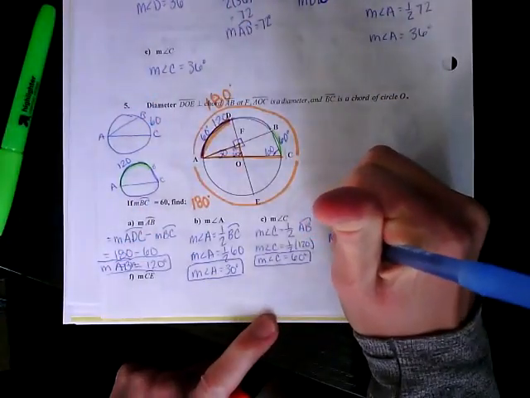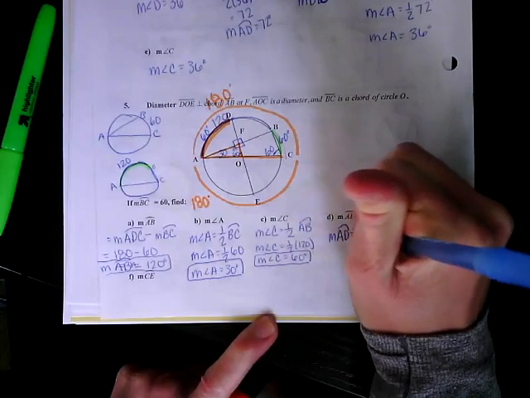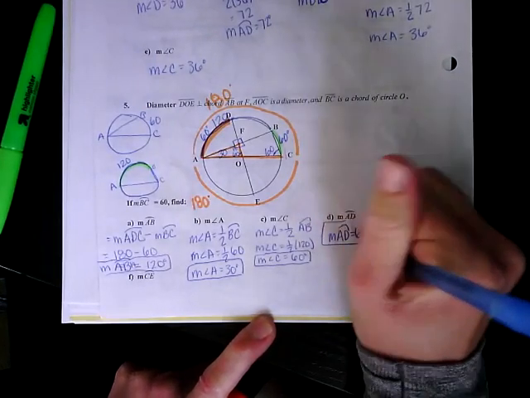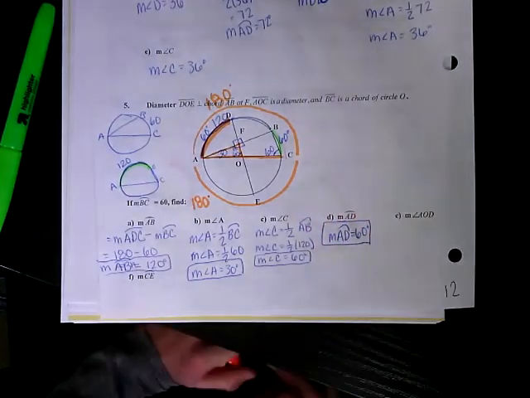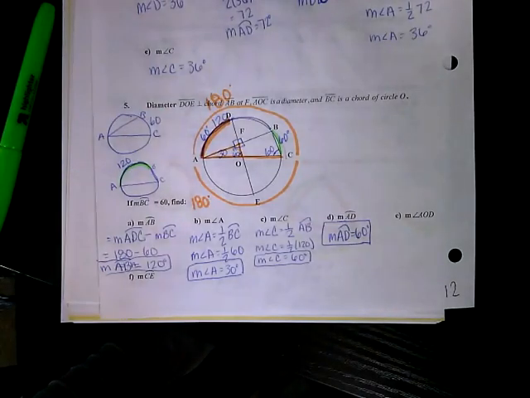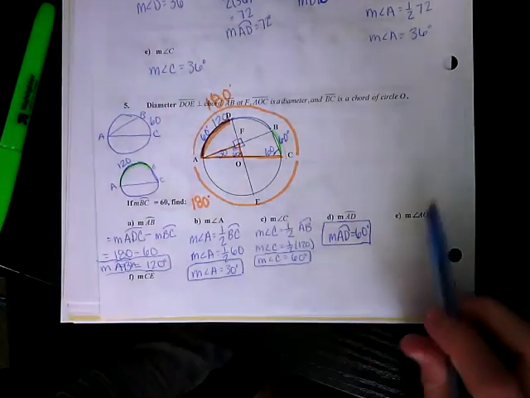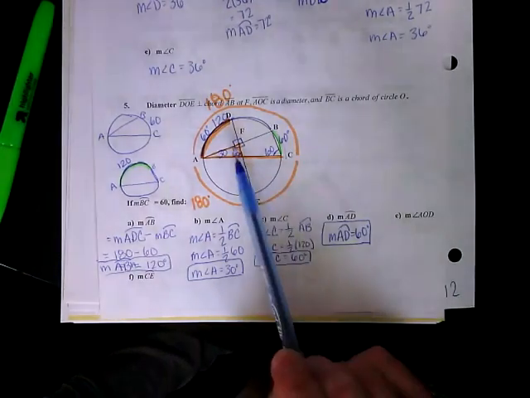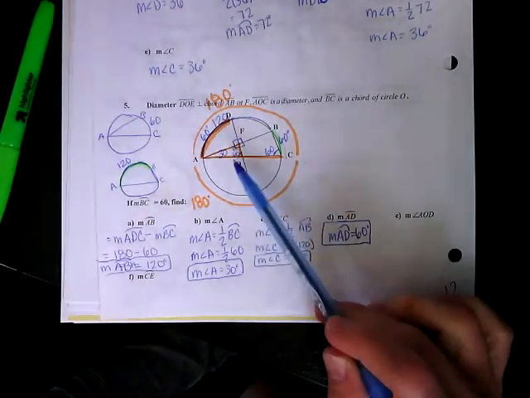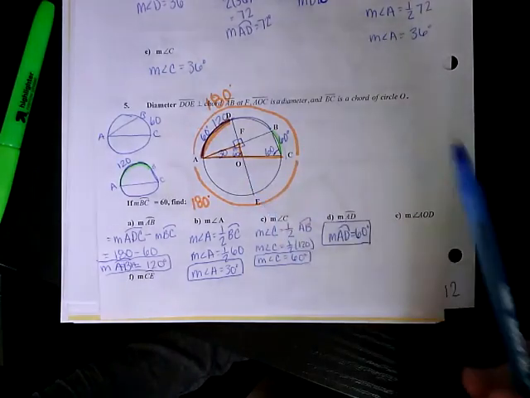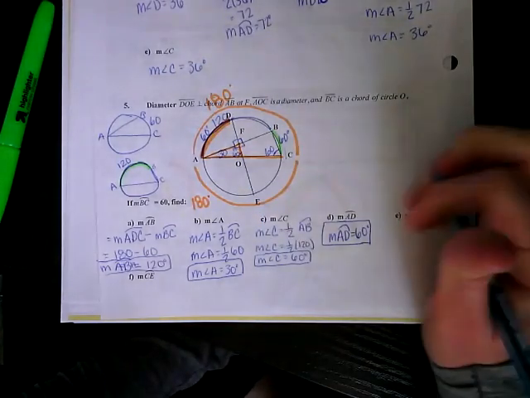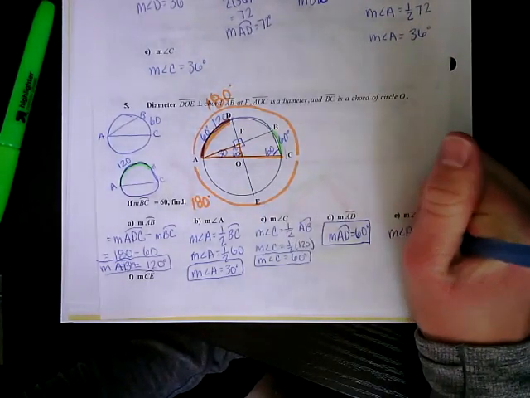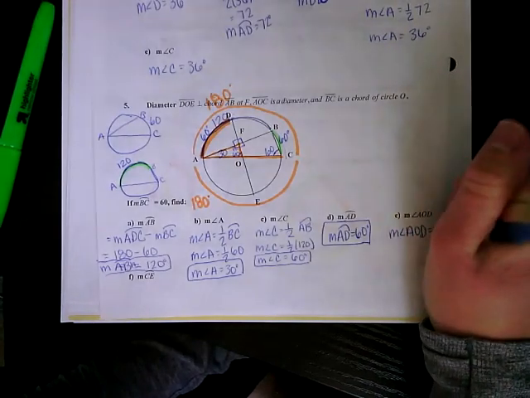So the measure of arc AD is equal to 60. Okay. Sometimes we're going to have to take a couple steps and think a little bit. Now we have to find the measure of AOD, which we just did. We got a little ahead of ourselves here. But the measure of angle AOD is equal to 60.